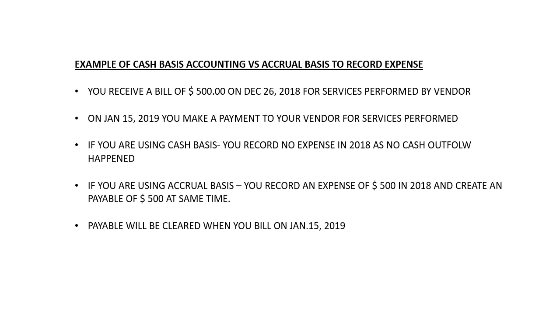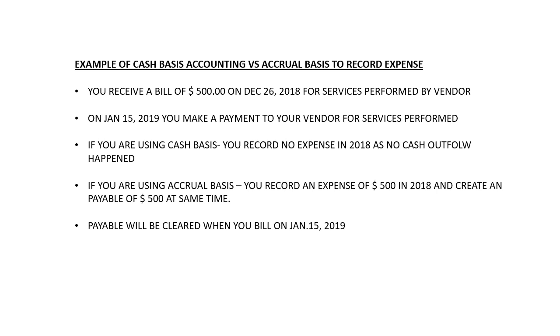Even though you haven't received the cash, you're still liable to pay taxes. Now let's look at one example of cash basis versus accrual basis to record expense. Let's suppose you receive a bill of $500 on December 26, 2018 for services performed by various vendors. However, your accounting department makes a payment on January 15, 2019 to those vendors.